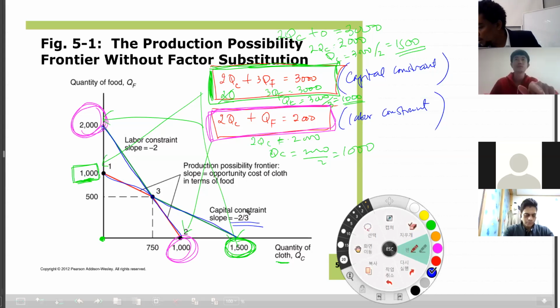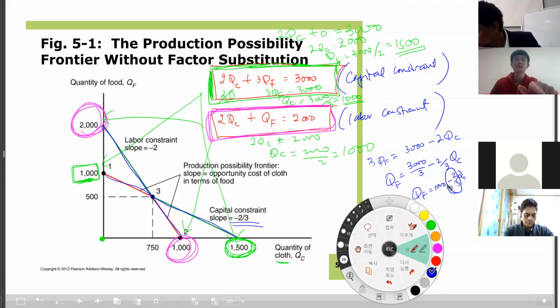Because the slope for the capital constraint can be computed from 3QF is equal to 3000 minus 2QC, right? So QF is equal to, you divide all by 3, 3000 over 3 minus 2 over 3 QC. So QF is equal to 1000 minus 2 over 3 QC.